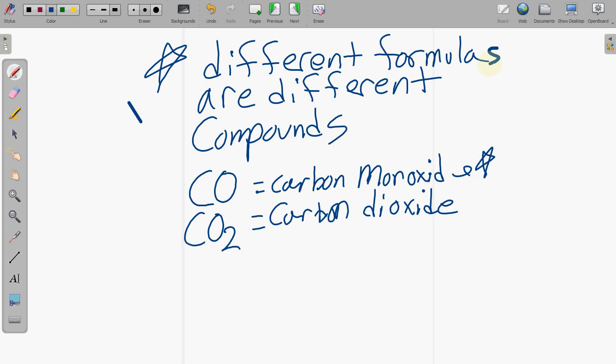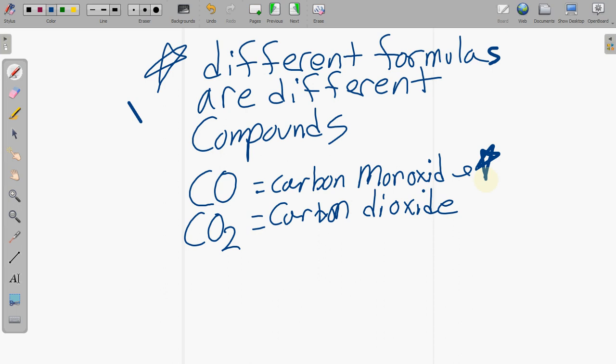Another example is CO and CO2. CO is carbon monoxide, okay? And carbon monoxide can actually kill you. It replaces oxygen in your bloodstream, and it can make it so that you suffocate even though there's oxygen in the room. And CO2 is carbon dioxide. It actually isn't toxic.